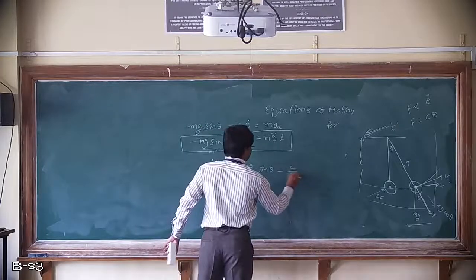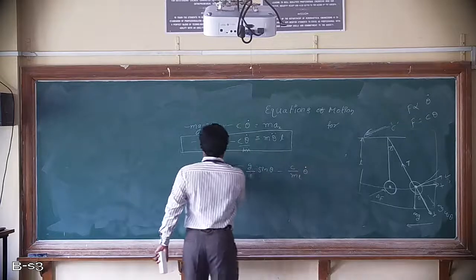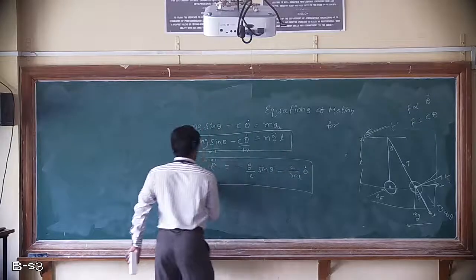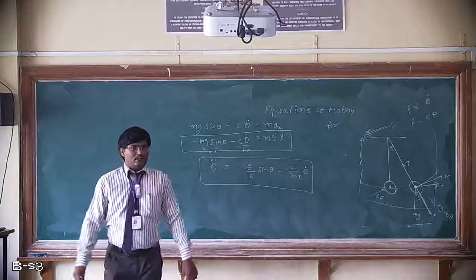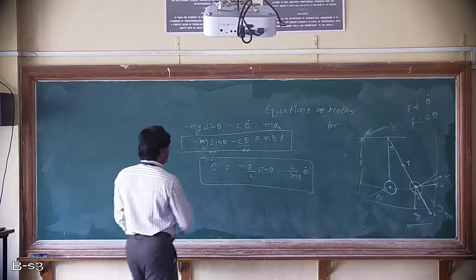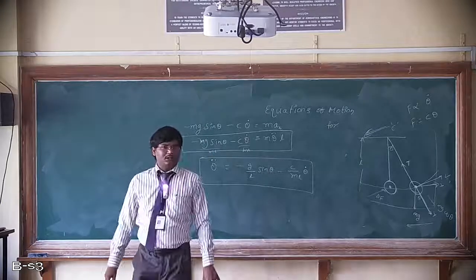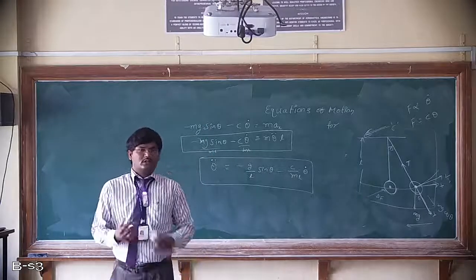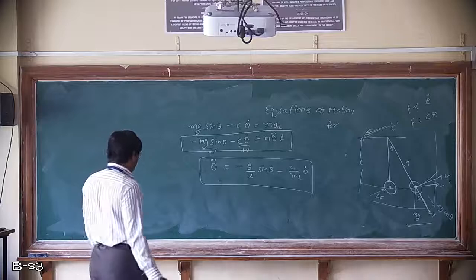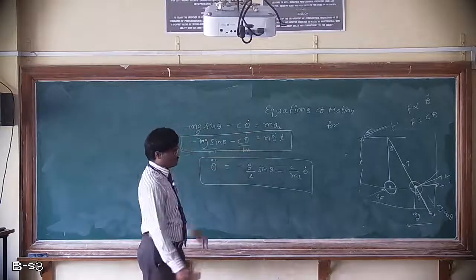Minus c by ml theta dot. You are getting this equation: theta double dot is equal to minus g by L sin theta minus c by ml theta dot. So how will you solve this second order differential equation?